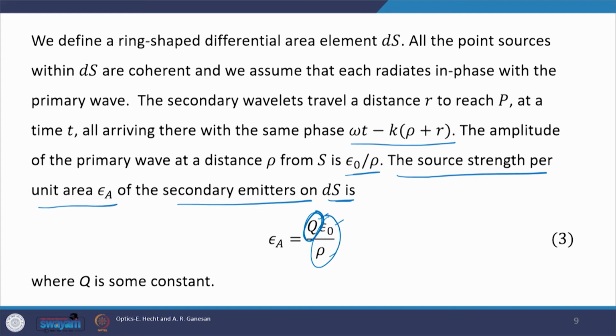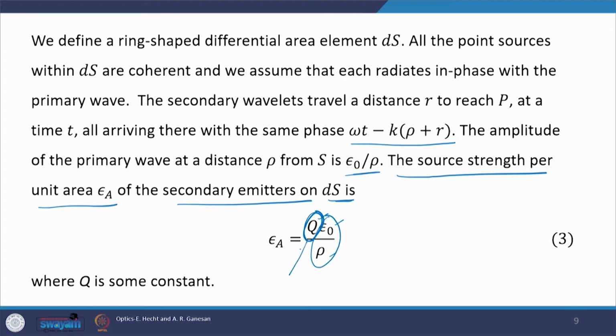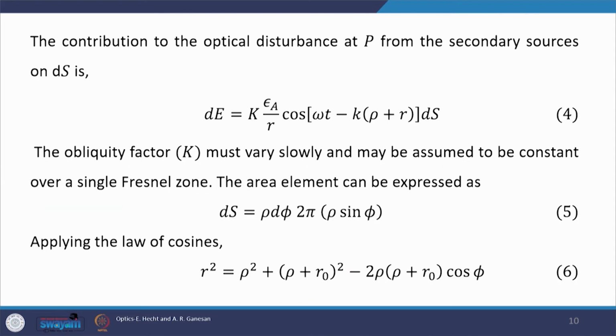We assume that the amplitude of the primary wave would be modified in case of secondary emitters. But let us assume that this modification is taken care of by this multiplication factor q, where q is some constant. Now, we will move ahead with this.